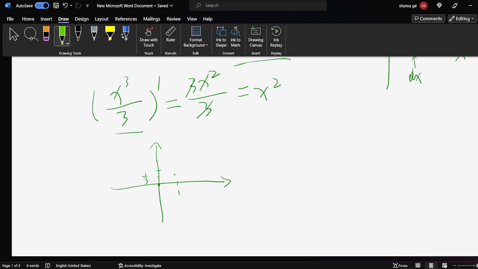When x equals 1, the solution should be 1 over 3. Then x equals 2, here 8 divided by 3, about 2.7.